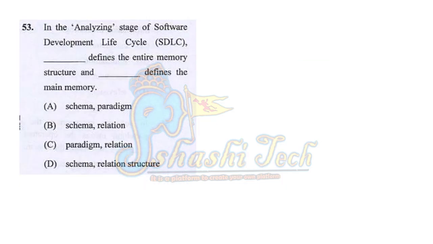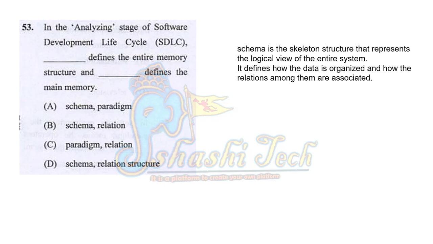Let us go to question number 53. In the analyzing stage of a software development life cycle, which is called SDLC, dash defines the entire memory structure and dash defines the main memory. First we need to understand schema. What is schema? Schema is a skeleton structure that represents a logical view of the entire system.